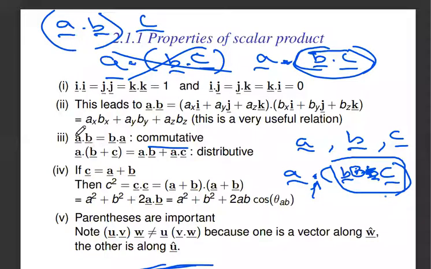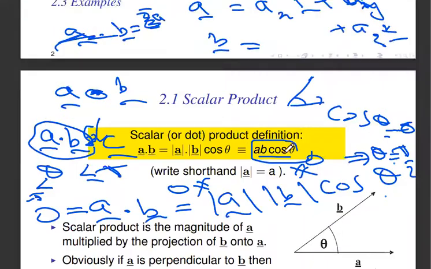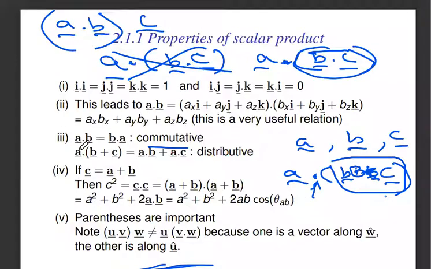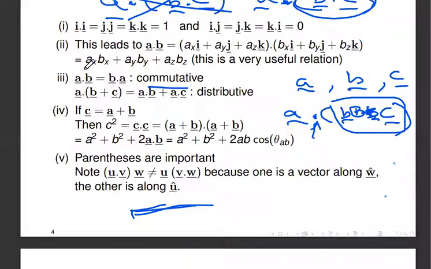You can find A dot B or B dot A, and you get the same quantity. The order is not important for the dot product, but for the vector product or cross product, it is important.